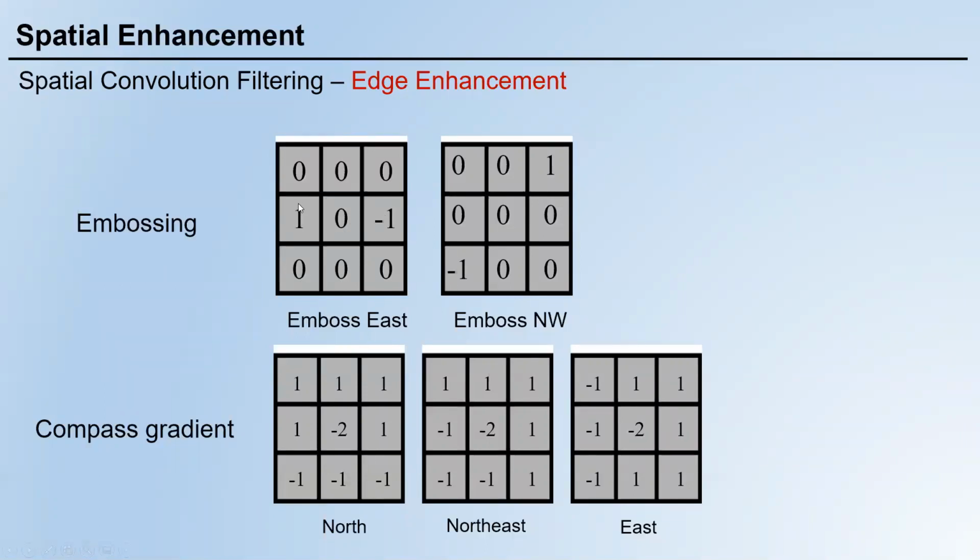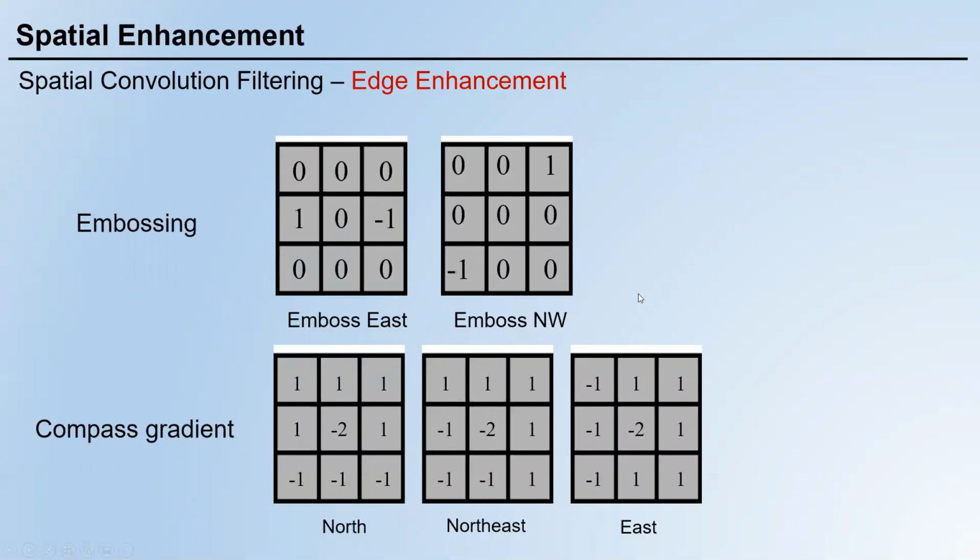It is comparing the left pixel and the right pixel of the central pixel. Emboss northwest is doing a similar thing, but it is comparing the pixel to the northeast of the central pixel and the pixel to the southwest of the central pixel.